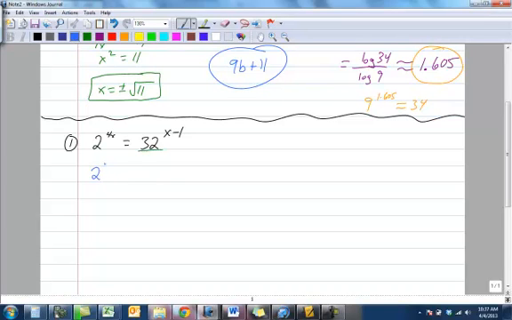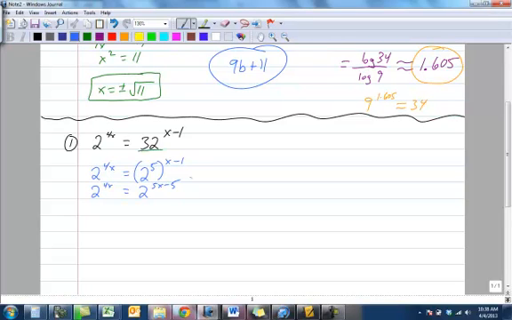Check this out. We could write 2 to the 4x is equal to, 32 is the same thing as 2 to the 5th power, to the x minus 1. Which means that this whole mess now is 2 to the 4x equals 2 to the 5x minus 5.